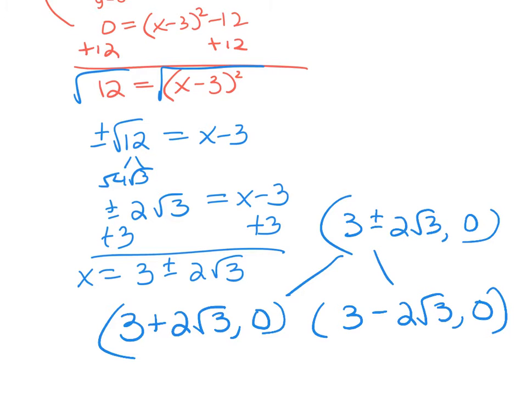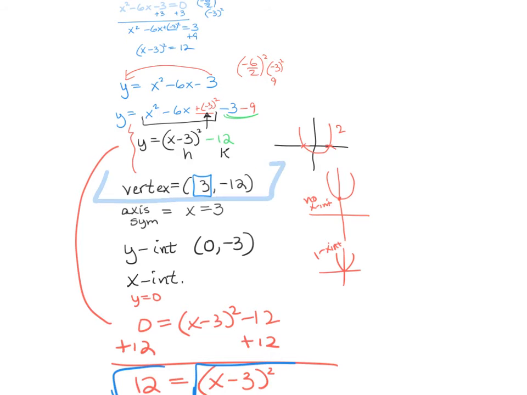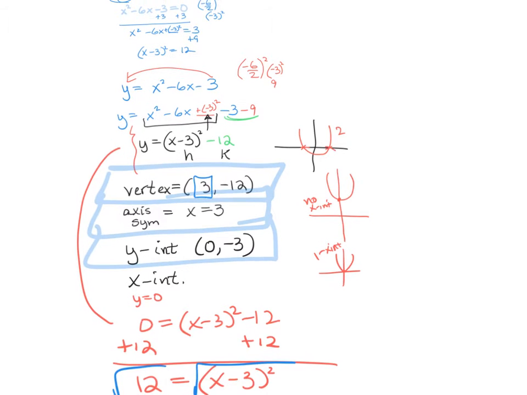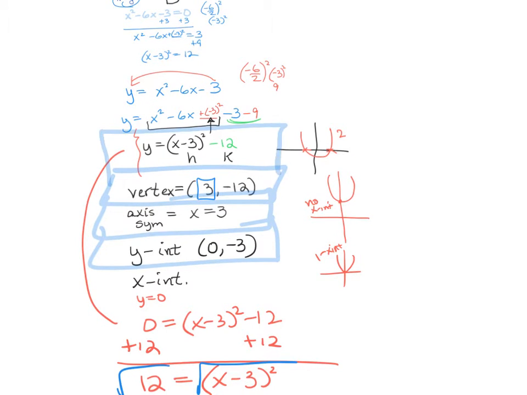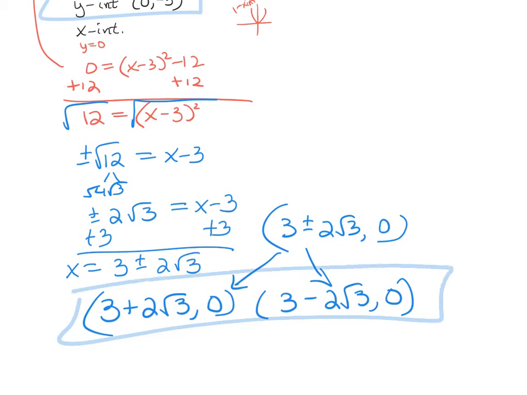But just realize if you're graphing, it's actually got 2 x-intercepts. You're finding the vertex, the axis of symmetry, the y-intercept. You're also finding the vertex form, and then you're finding the x-intercepts. Either one of these. Let's try another example.